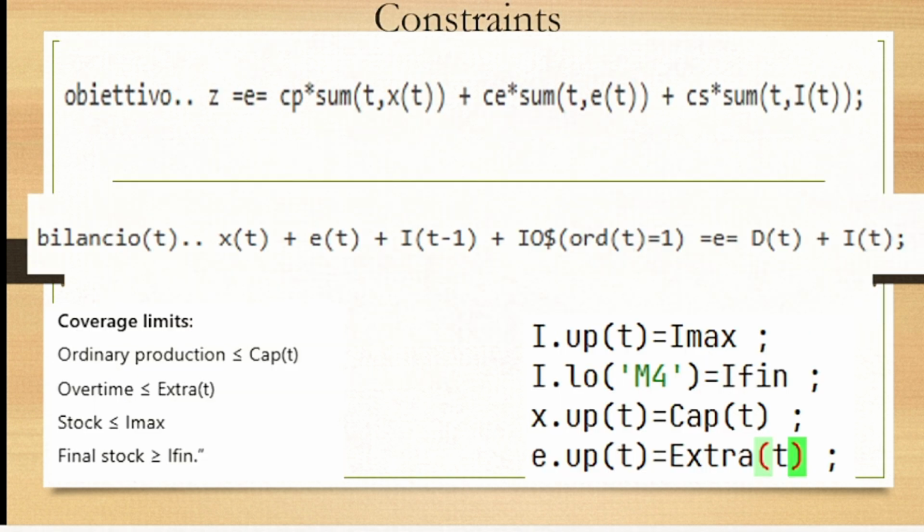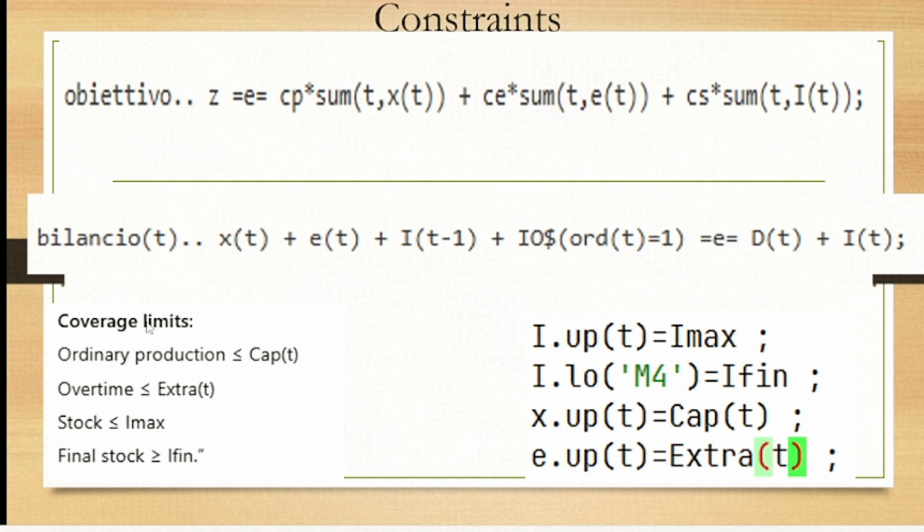The objective is total cost, that is ordinary plus overtime plus storage. Then we have the balance equation: what we produce plus what we have in stock equals the demand plus the final stock. This ensures continuity across months.